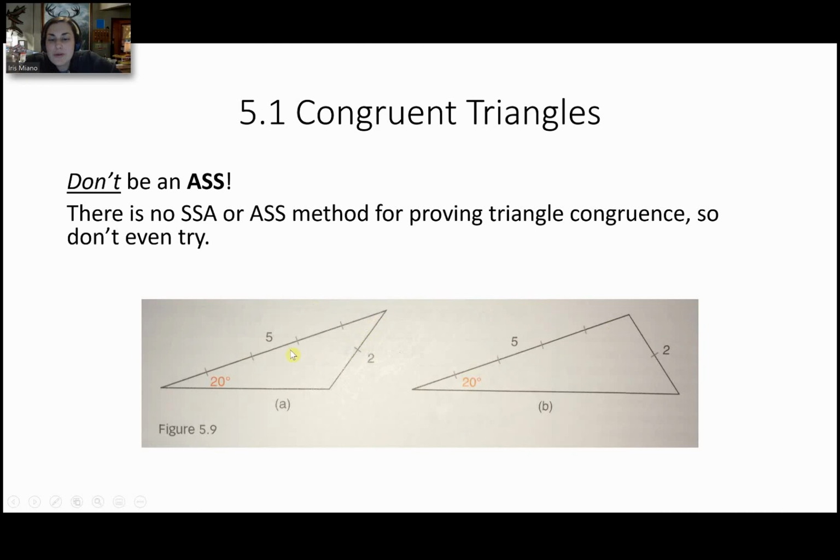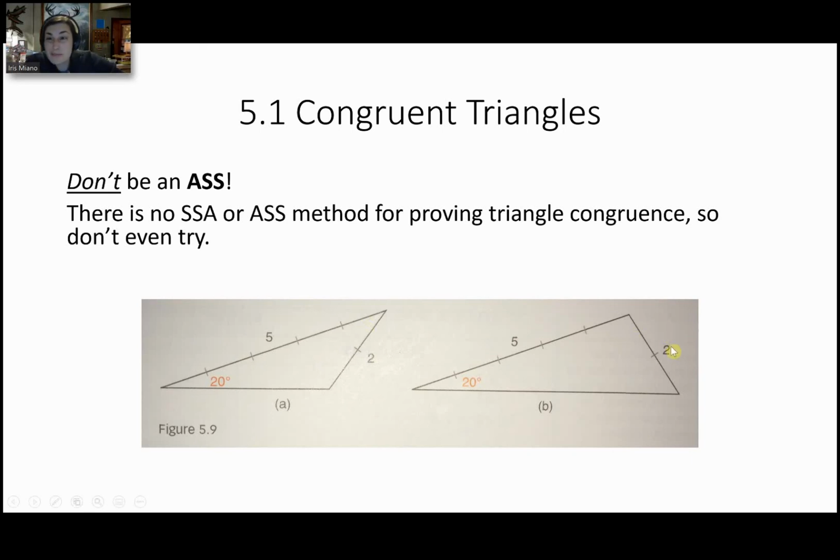The angle between the 5 unit and 2 unit edges is acute for triangle A, but the angle that matches those two edges is definitely obtuse, or maybe it's close to 90 degrees. I would say that it looks like it swings a little bit further out from 90 degrees, so that's likely obtuse.